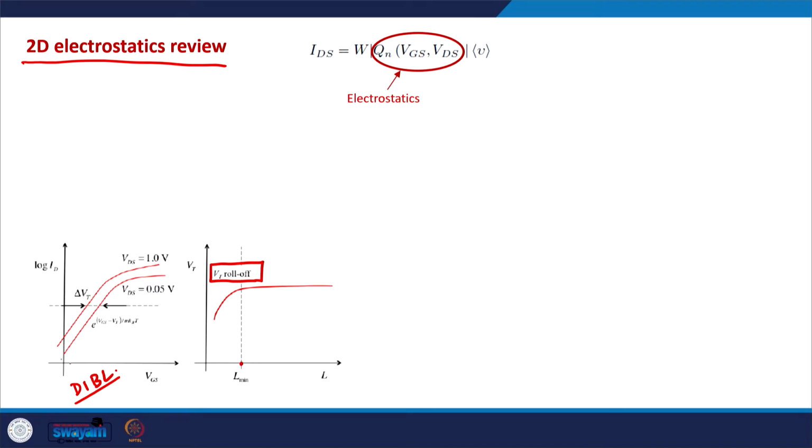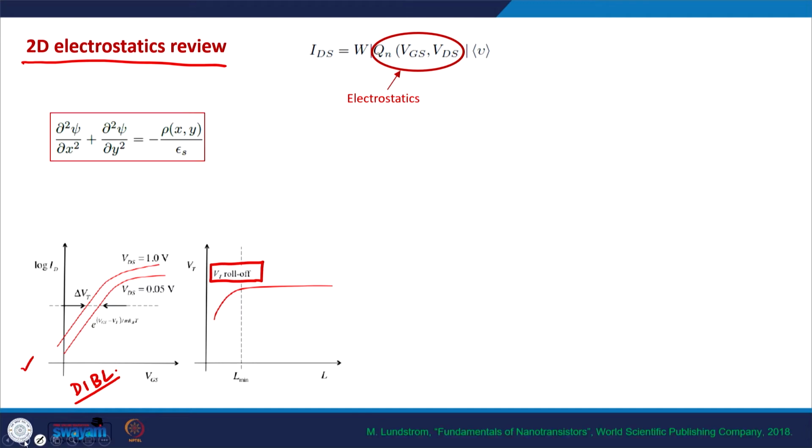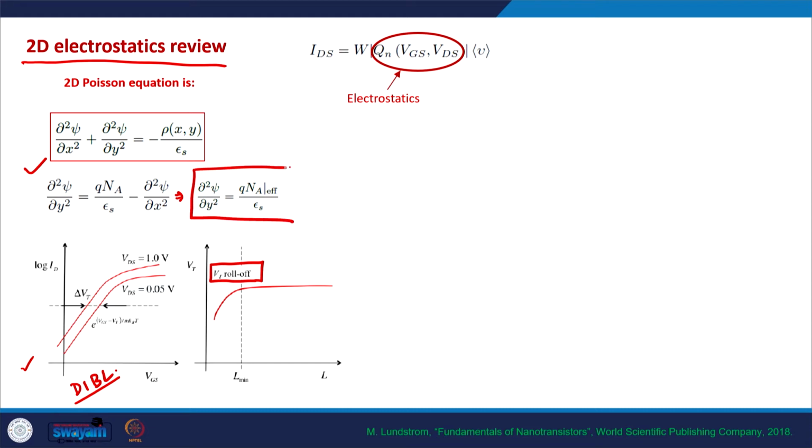And in order to account for all these things, we need to consider the 2D electrostatics, and in 2D electrostatics we take the 2D Poisson equation and we solve this in the channel of the MOSFET, and what we obtain is that the 2D Poisson equation can be approximated by the 1D Poisson equation, but now the doping in the channel needs to be replaced by effective doping, and this effective doping, Na effective, is less than the actual doping of the channel.